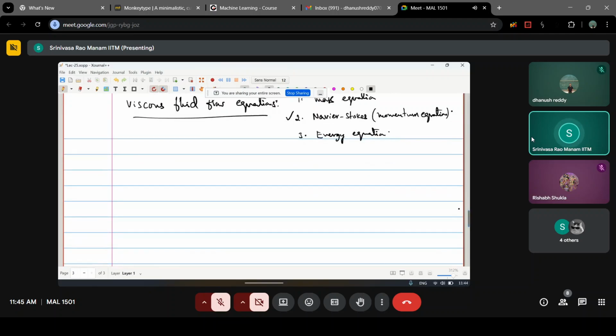To see this, you consider a fluid element, a small fluid element. What have you done for inviscid fluid?